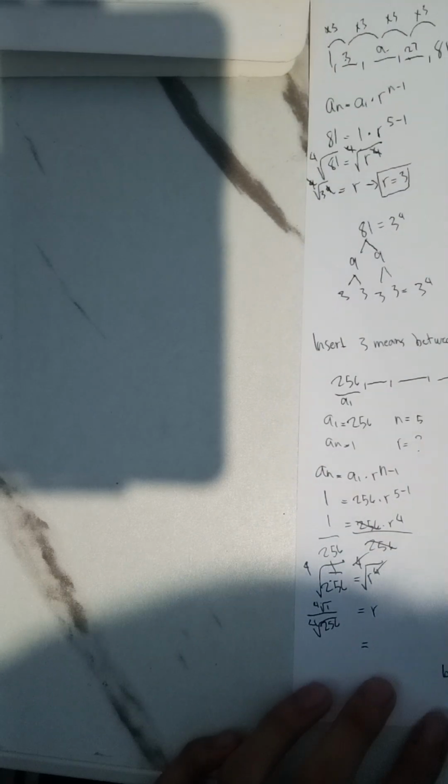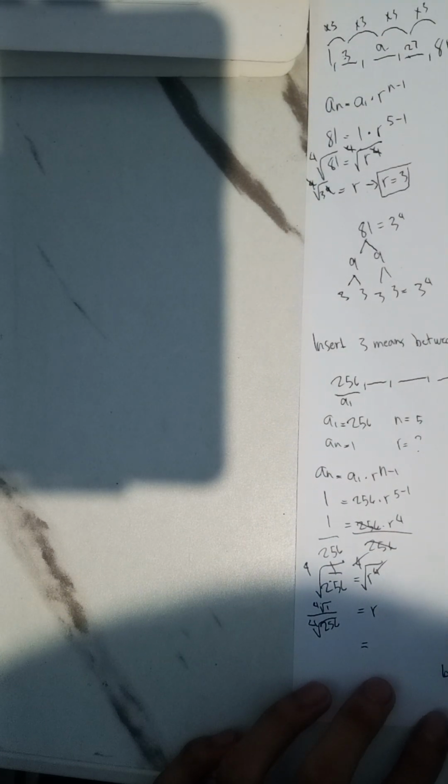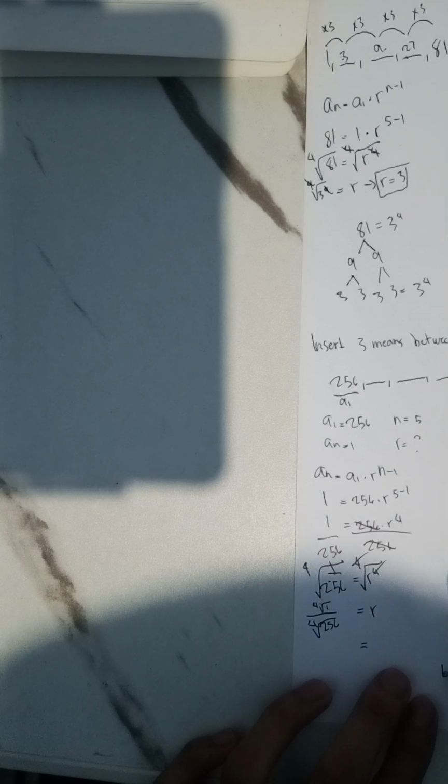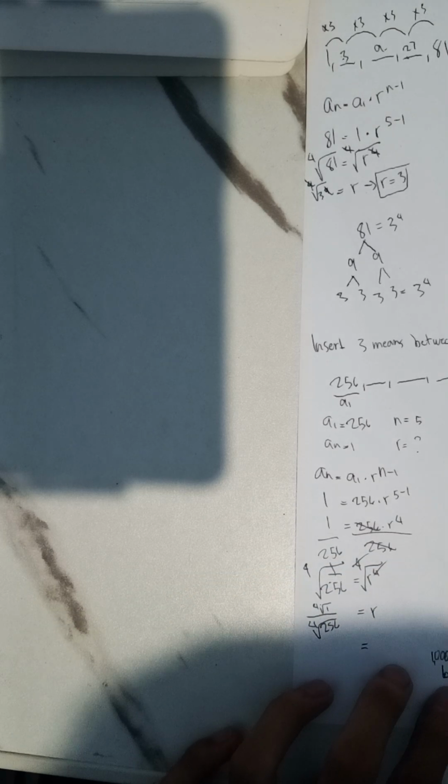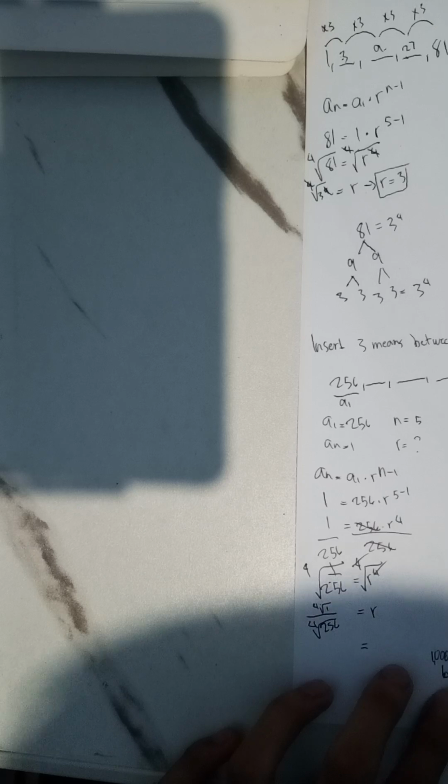Anytime na ita-times natin si 1 sa sarili niya, ang lalabas palagi is 1. So, kahit ilagay natin dito sa b, halimbawa, 1 million, 1 pa rin ang sagot. Okay? As long as sa loob ng radical sign, 1 lang nakalagay. Okay, since dito 1 nakalagay, so meaning 1 lang din ang ating numerator.